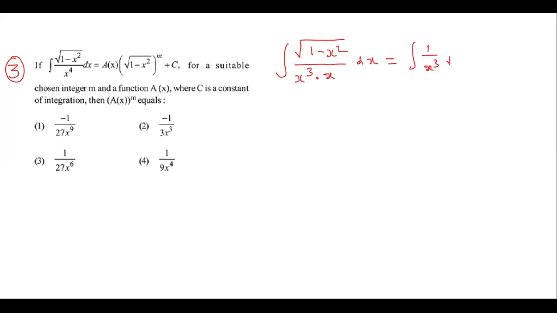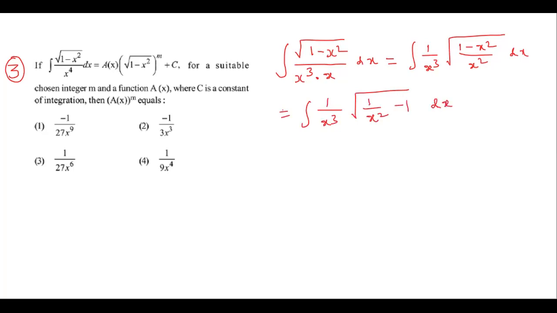So it is going inside the root, so we can write x square because root is there now. Now split that. What happens? See, integration 1 by x cube into under root 1 by x square minus 1 dx.